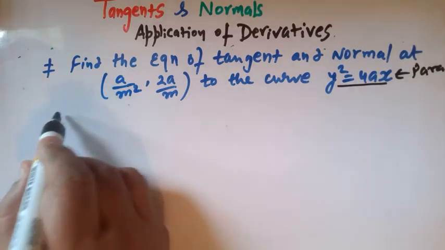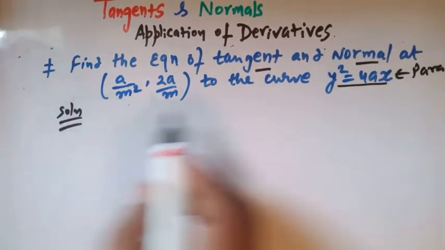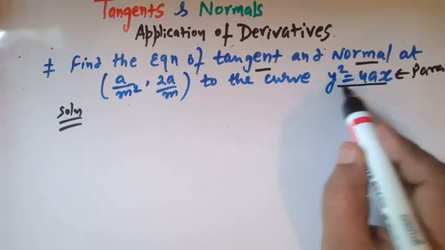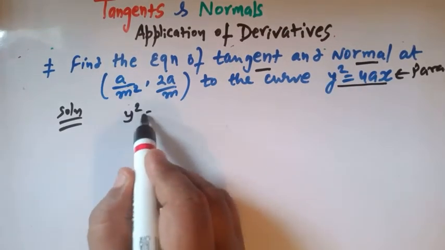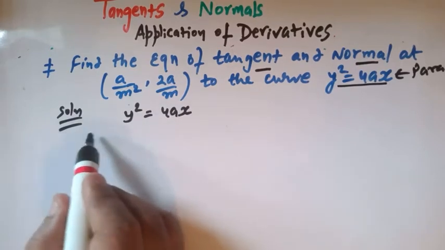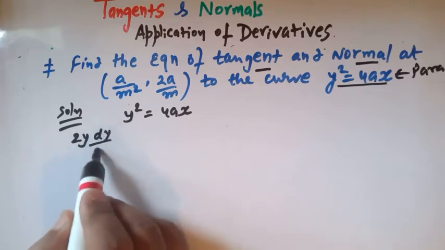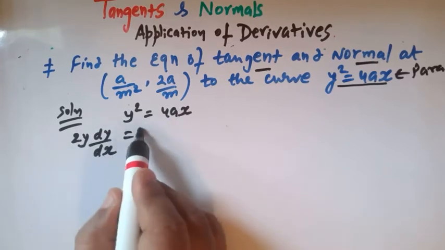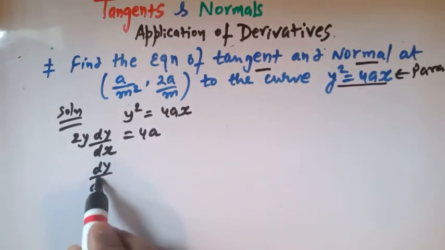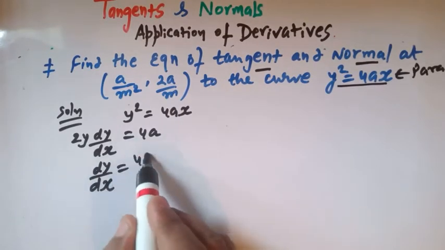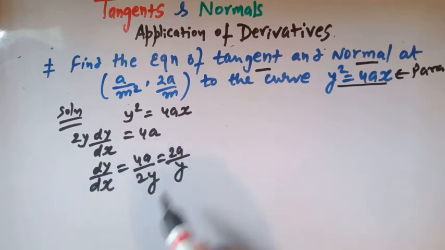Now to find the equation of tangent and normal, we'll differentiate both sides to get the slope. So y square is equal to 4ax. Now we'll differentiate both sides. We get 2y dy by dx equal to 4a, as the derivative of x is 1. So dy by dx is equal to 4a over 2y, that is 2a by y.